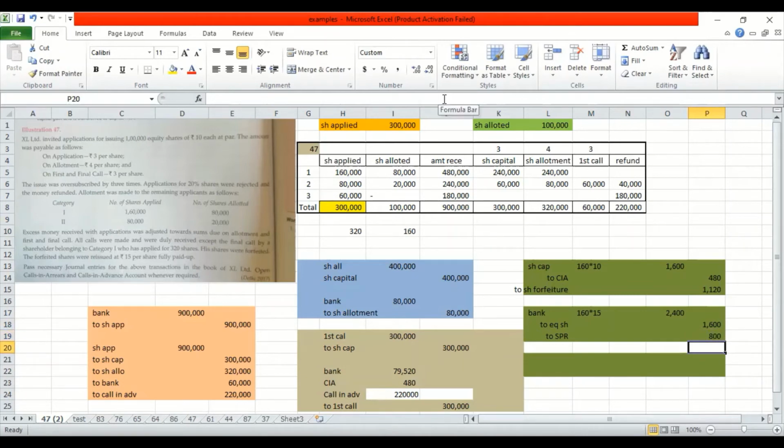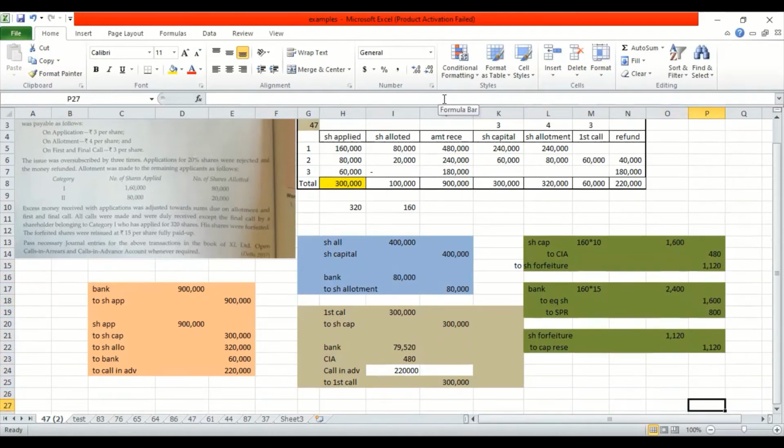Now after that, the last thing left to do is to transfer the share forfeiture. Where do you transfer it? To your capital reserve. So you're going to transfer it. What amount? 41,120. Since it is fully reissued, the full forfeited amount would be transferred to the capital reserve.